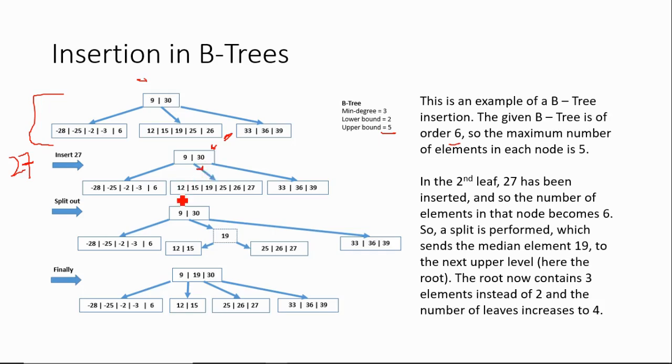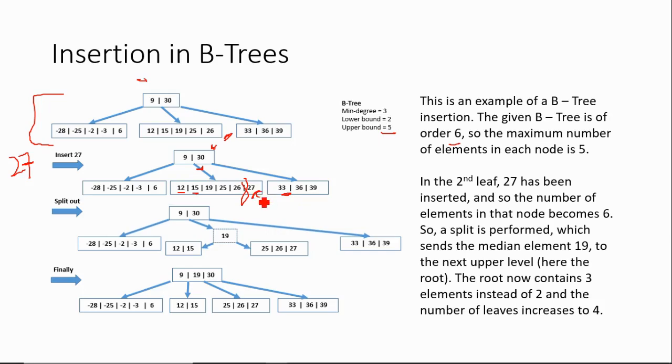Now here we compare the elements: up to this part, all elements are lesser than 27, and if you compare with this element, all are greater. So we have to insert 27 in this particular position. They have inserted it here.